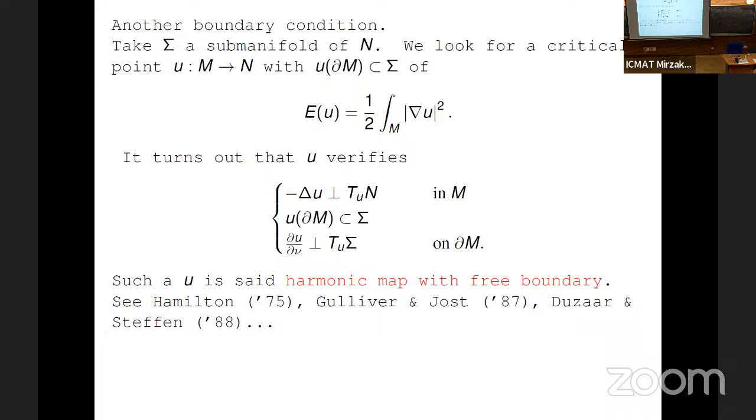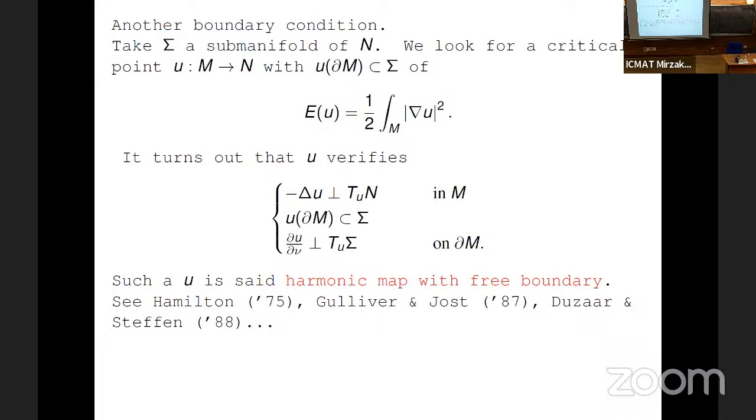So this free boundary comes exactly from the freedom that the map has to take values in Sigma. Okay, these have been studied for a while, from Hamilton in the mid-70s, and then there are various results concerning existence and regularity. Okay, so this is, say, another boundary condition.